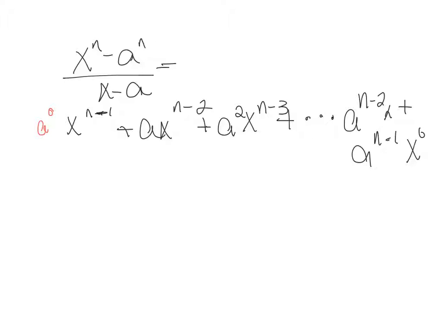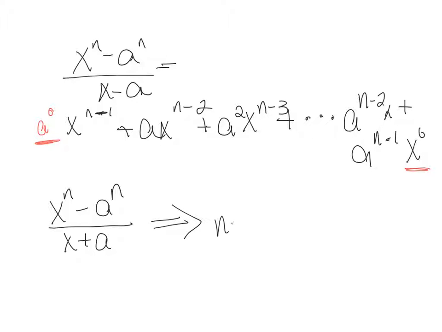And if you see, this x to the 0 matches the pattern with that a to the 0, so it totally makes sense. But if you had x to the n minus a to the n over x plus a, your pattern's a little bit different. And we're actually going to do that with the next set of exercises.